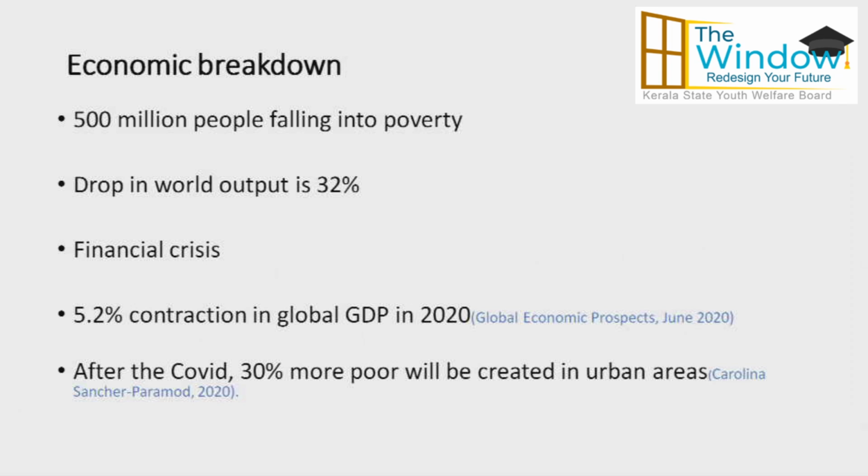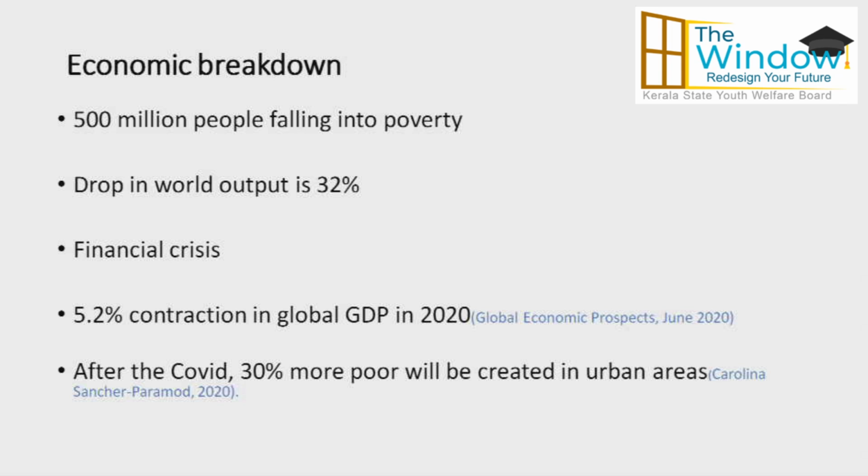So let's move to the current situation in the Indian context and the Sustainable Development Goals. The pandemic situation, the lockdown and the slowdown led to economic breakdown, with more than 500 million people falling into poverty.